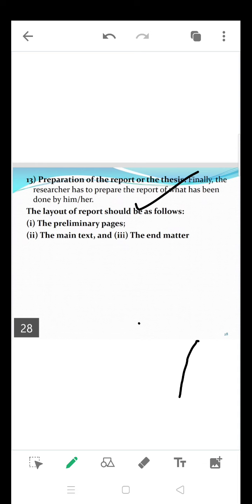This will have three parts in the preparation of a document, also called the preparation of a thesis: first the preliminary pages, then the main text, and the end matter. We have a report writing chapter itself, where we will deal in detail with the preliminary pages, main text and the end matter.